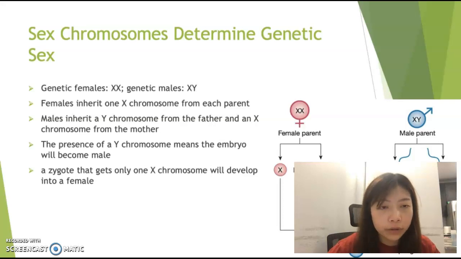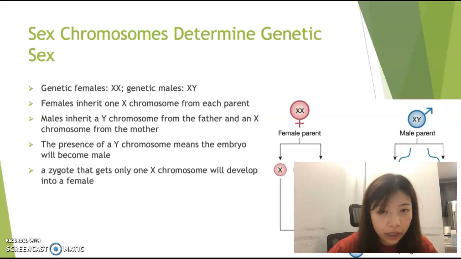abnormally distributed at fertilization, the presence or absence of a Y chromosome determines whether development proceeds along male or female lines. The presence of a Y chromosome means the embryo will become male, even if the zygote also has multiple X chromosomes. For instance, an XXY zygote will become male.